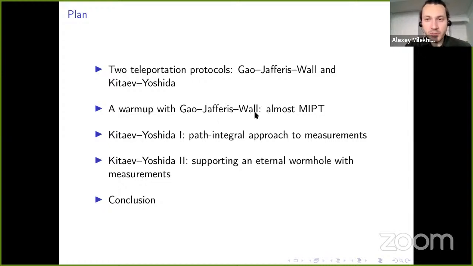You can interpret it as having measurements, but in fact it's unitary. But it will allow us to develop some important techniques, and then I will apply it to the actual Kitaev-Yoshida case, where you actually have dynamics having measurements.